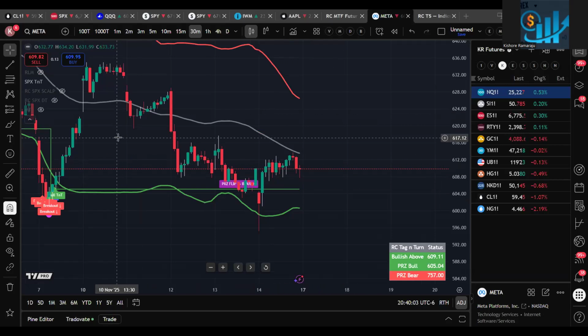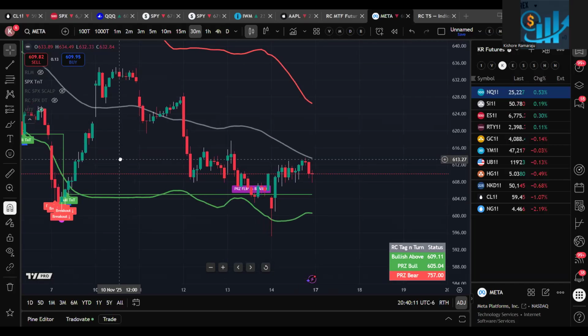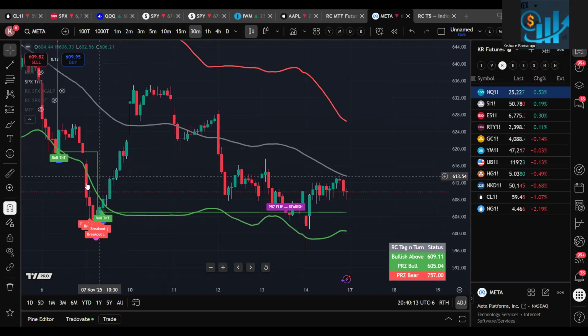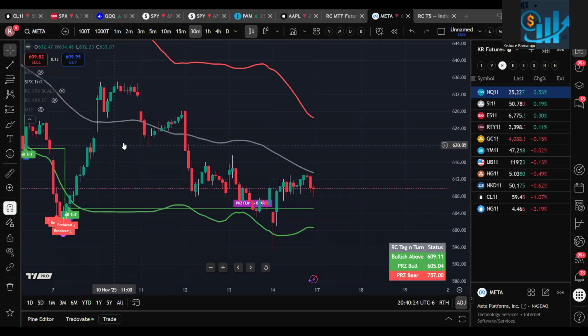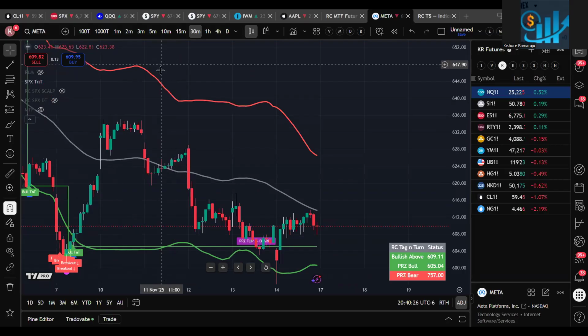Meta also, we still didn't get anything. The minimum is it will go all the way to the midpoint whenever you receive a bullish tag and turn. Minimum it will go 50%. If it continues to be bullish, it will go all the way to the top.